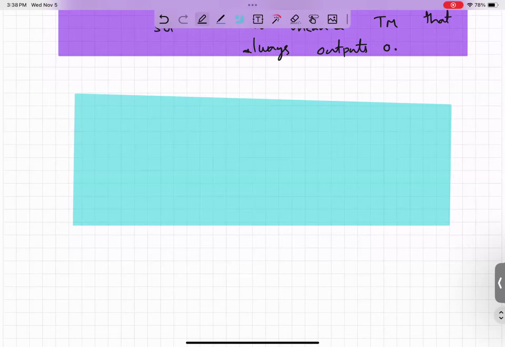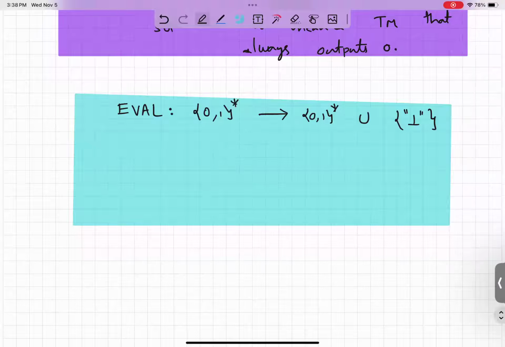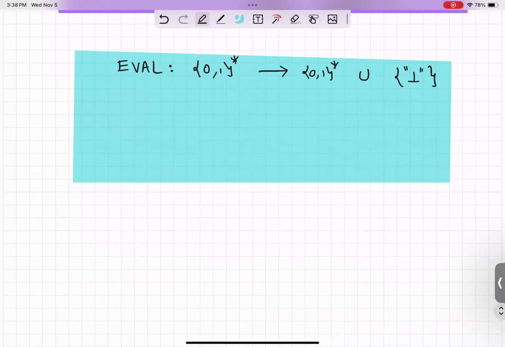Okay. So we can define a function now, which is eval. Okay. So it's a little bit trickier to define eval here compared to for circuits. There's one important subtlety. I'll talk about that in a second. Right?